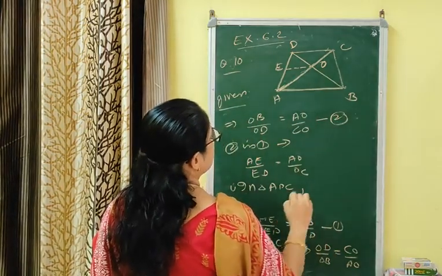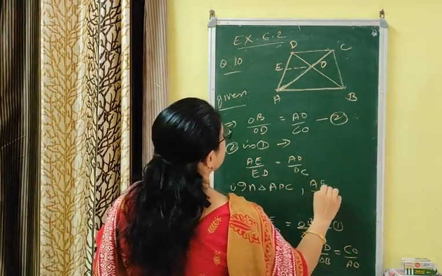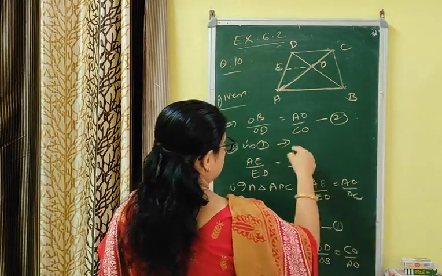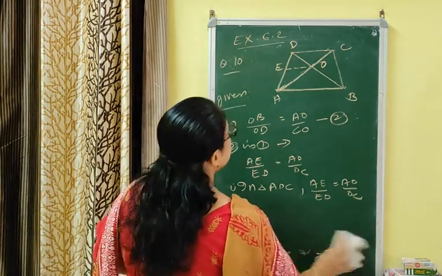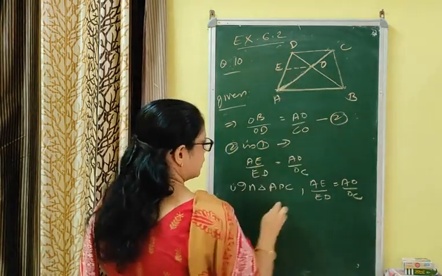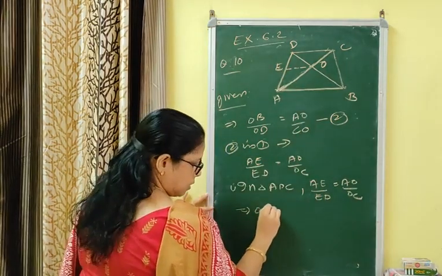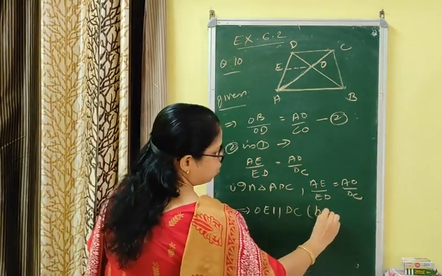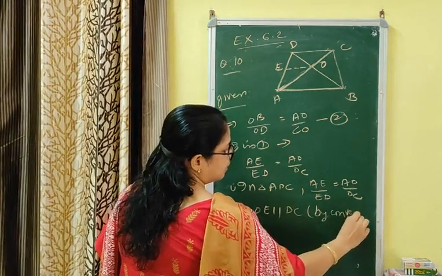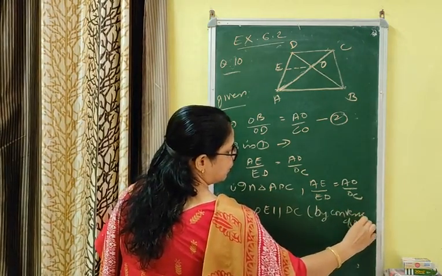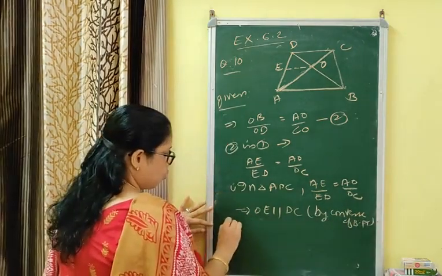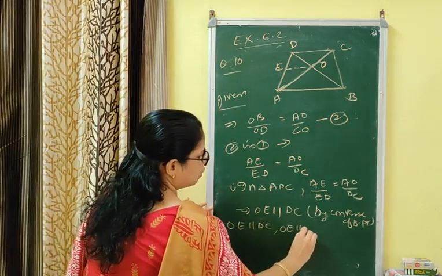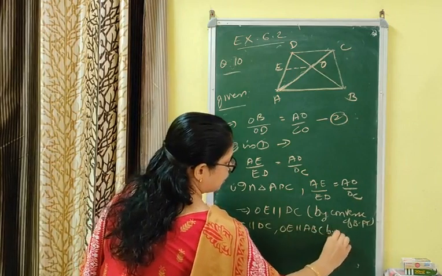In triangle ADC, AE by ED is equal to AO by OC. By the above condition, in triangle ADC the sides are divided in the same ratio. That implies OE is parallel to DC by converse of BPT.